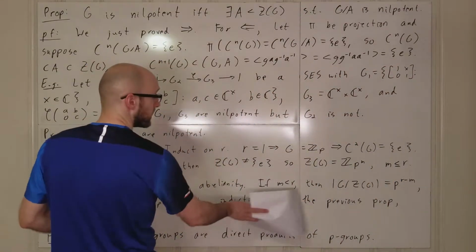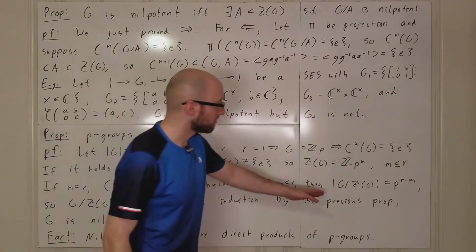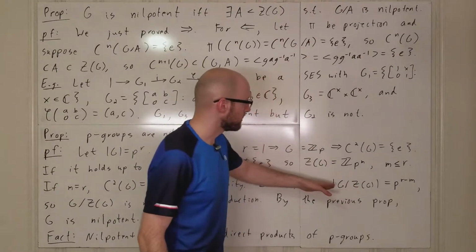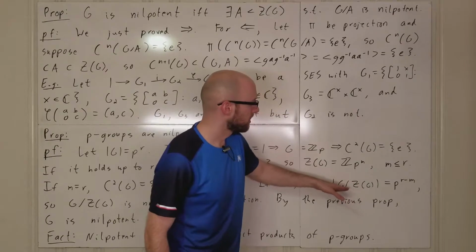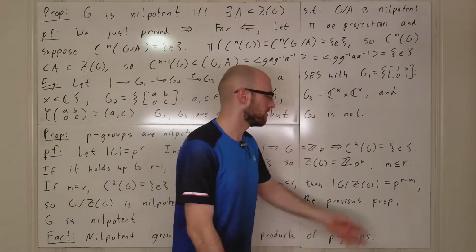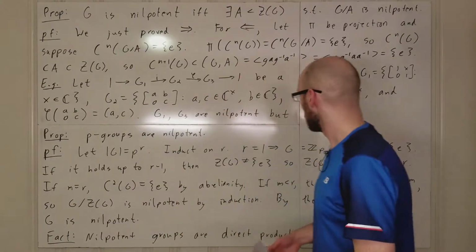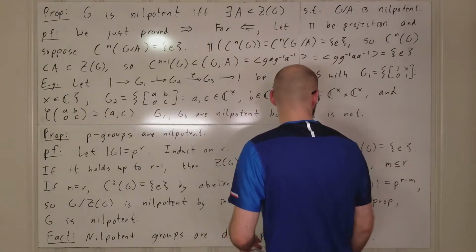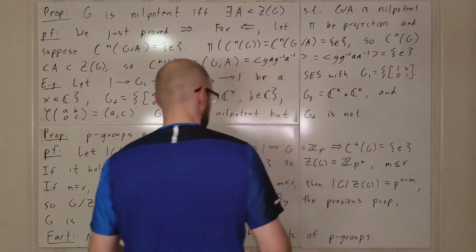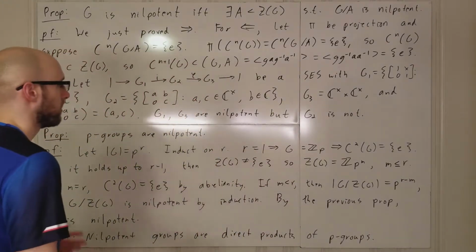If m is strictly less than r, then what you do is you quotient out by the center. The order of G is p^r, the order of the center is p^m, so the order of the quotient is p^(r-m).